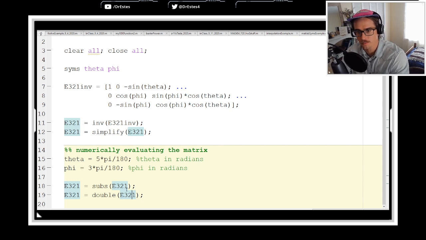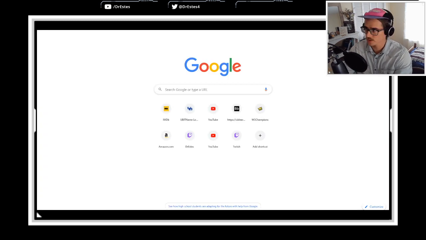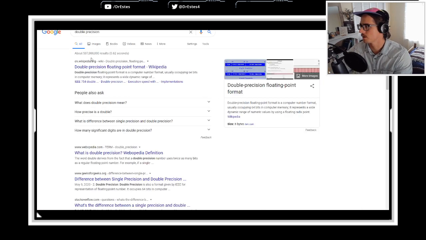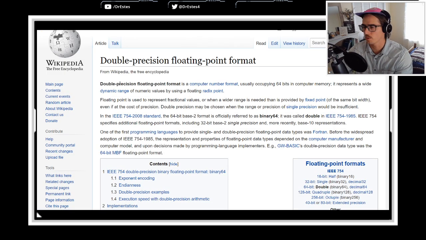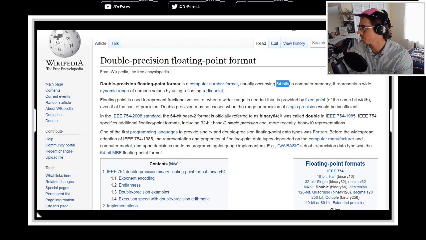What do you mean by double precision? I think that's what it's technically called. Like, here, let's go to the internet. It's called double precision floating point format. It's a computer number format, a data type with decimals, usually occupying 64 bits in computer memory. So that's all it means.